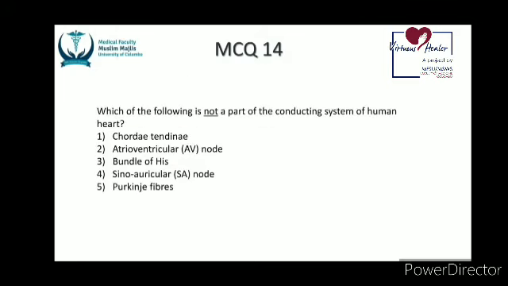Now, by looking at the 5 responses in this question, you can see that the structure that is not involved in forming the conducting system of the heart is chordae tendineae, and the answer is statement number 1.